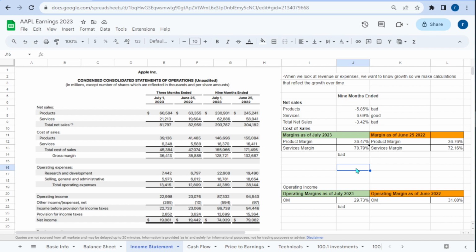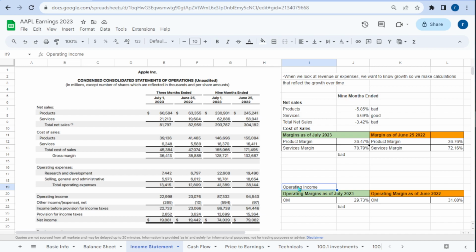Now, if we're looking at operating income, that is pretty much what you want to pay more attention to. Now, I know everybody is interested in net income, but net income is looking at other things. So it's looking at this other income and expense, and that's not necessarily tied to the operation. So if we're looking at operating income, that is directly tied to the actual operations of the business.